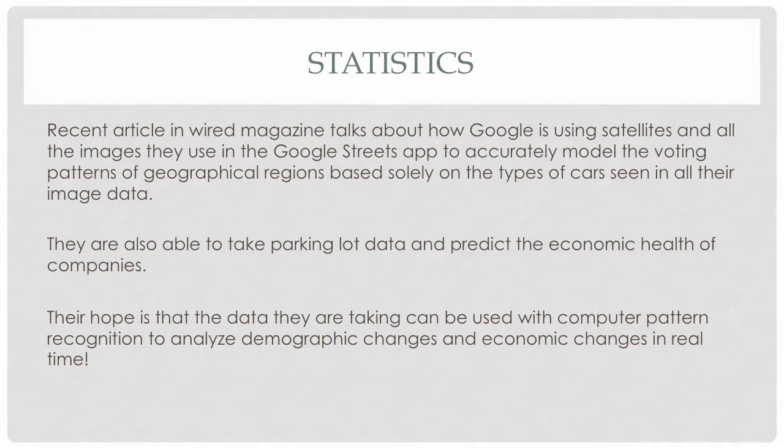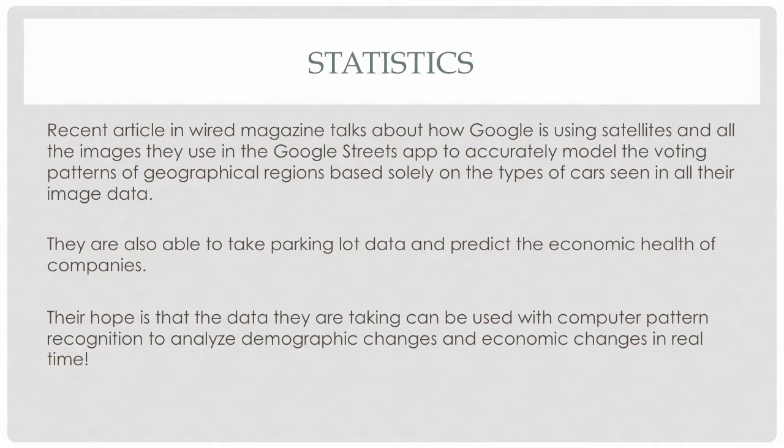They use all this data and they can get pictures well enough to be able to look at what types of cars are in certain geographical areas. And they're able to take all this image data and look at the types of cars people drive, and they're able to predict pretty darn accurately the voting patterns of those people.